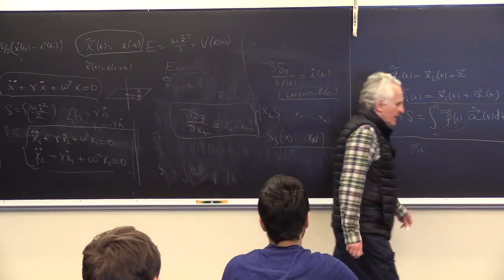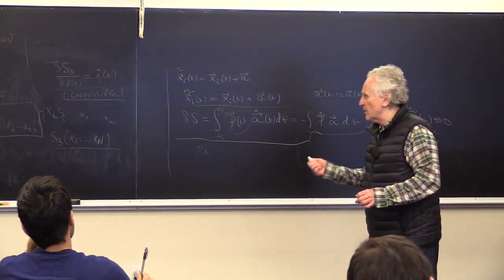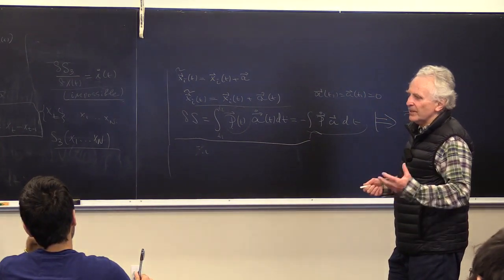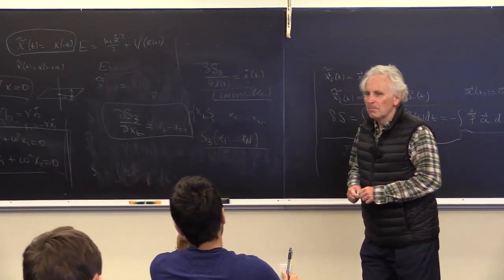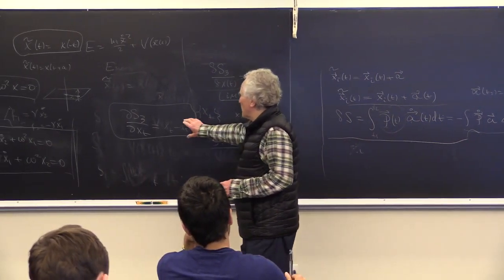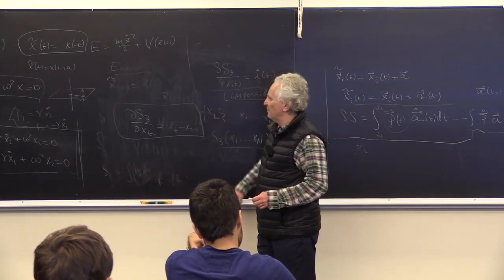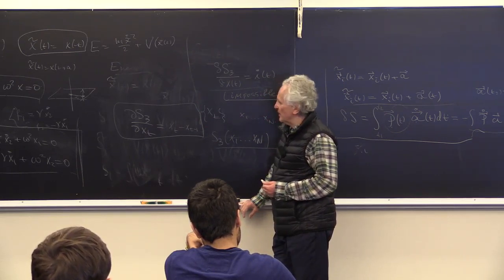Now, what do you think? First of all, is this equation solvable? And secondly, how to decide in general whether it's solvable or not. Without this term, what will be the solution of this equation?